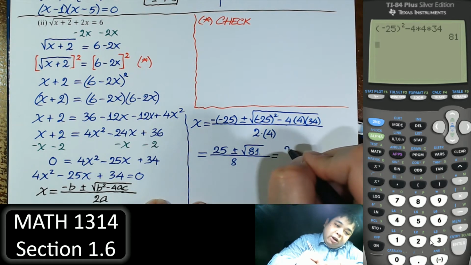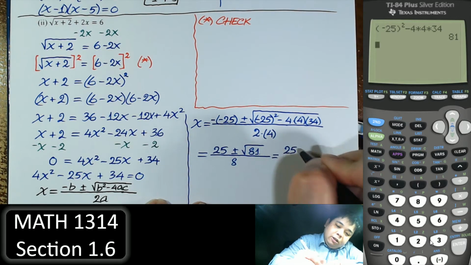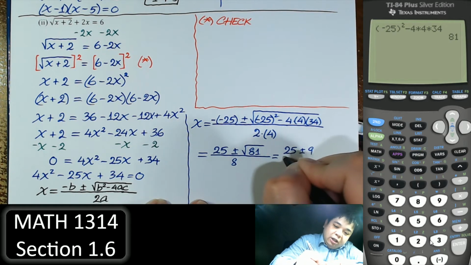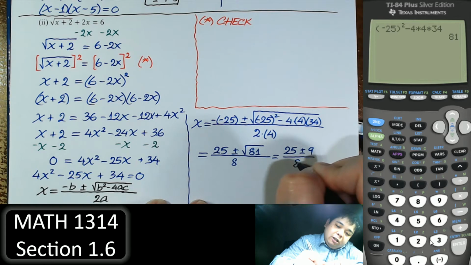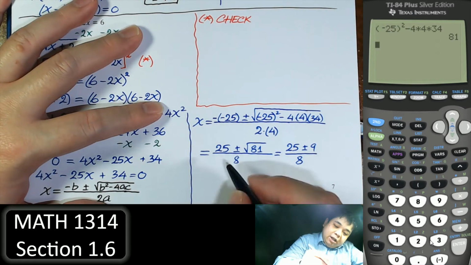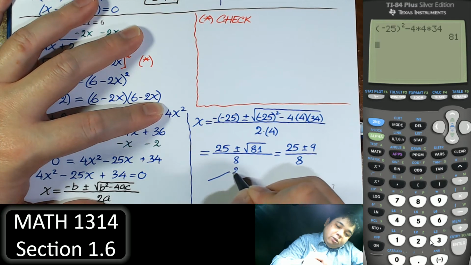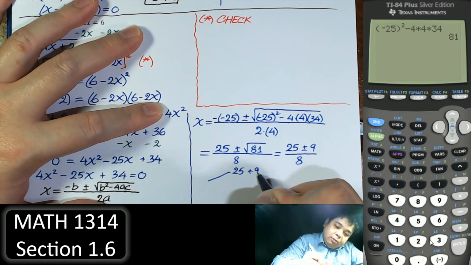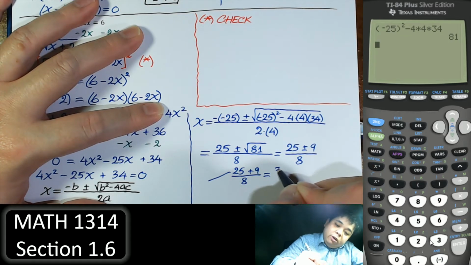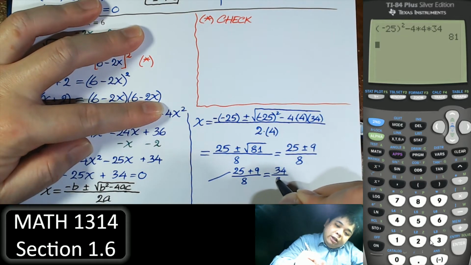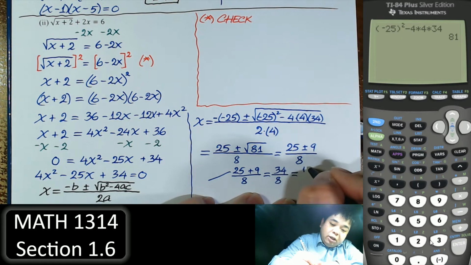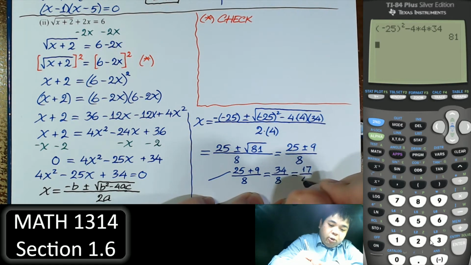So we have 25 plus or minus the square root of 81, which is 9, divided by 8. And so we have a plus and then a minus. So a plus gives us 34 over 8, divided by 2 top and bottom, 17 over 4.